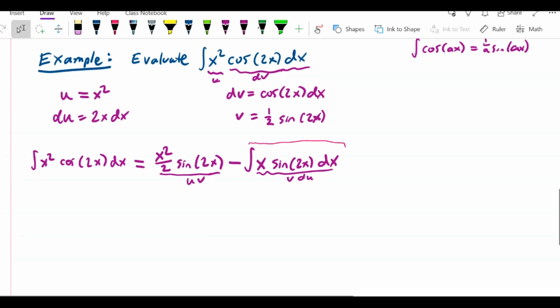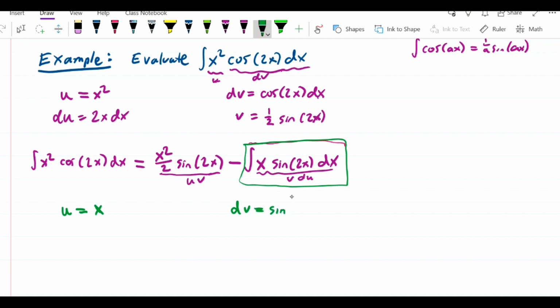So let me put in here, we're going to do this subproblem. I'll do it in green to distinguish. And then we're going to plug the integration by parts solution to that subproblem back into the original problem. So I'm going to use u and v to mean something different now. So now it's going to be u equals x, and dv, I'll set equal to sine 2x dx.